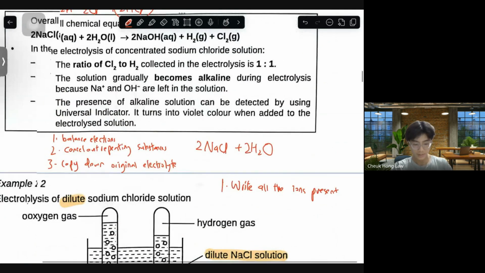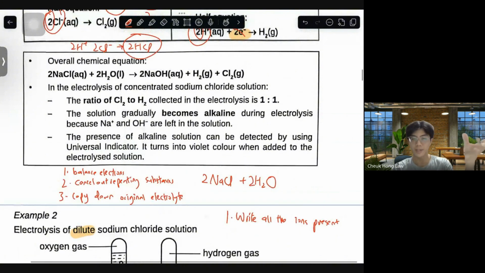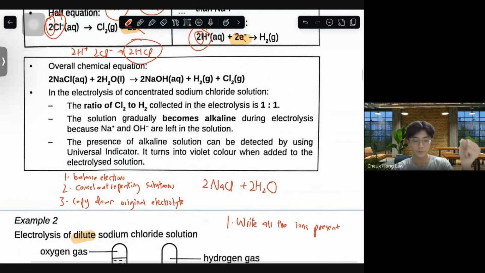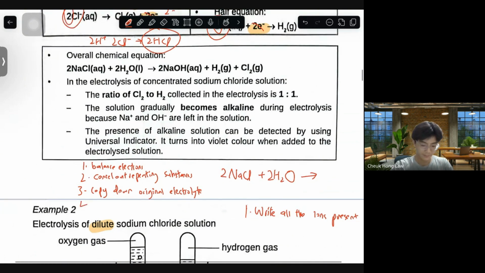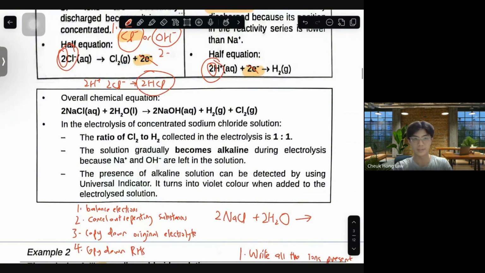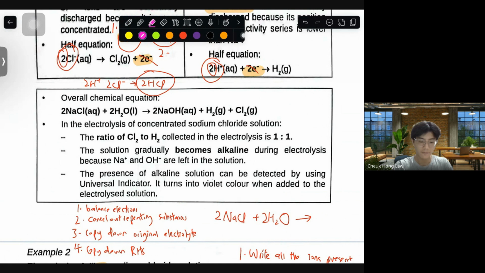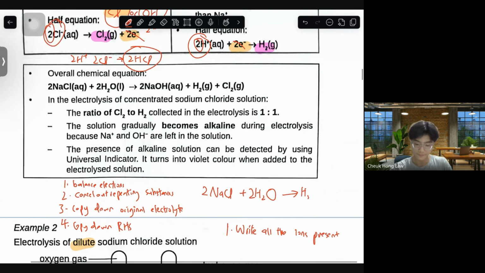If the beginning electrolyte is not the same, then you have to use this method, which is copy down everything, your original electrolyte. Then draw an arrow. Fourth step, copy down right-hand side of both half equations. At the right-hand side of both half equations, we have Cl2 and H2. Now we can just copy them down. Very simple.